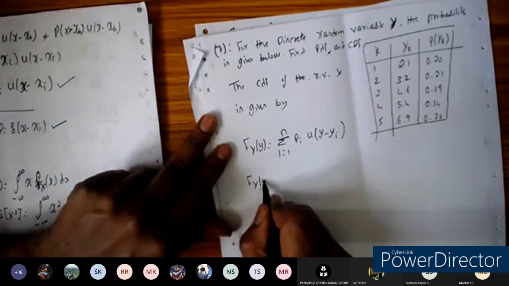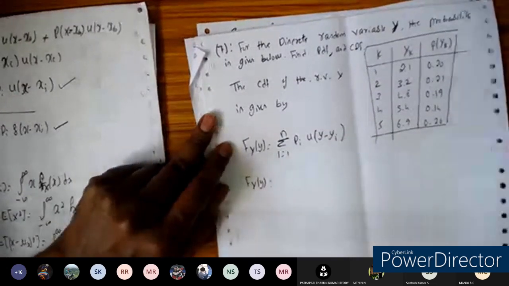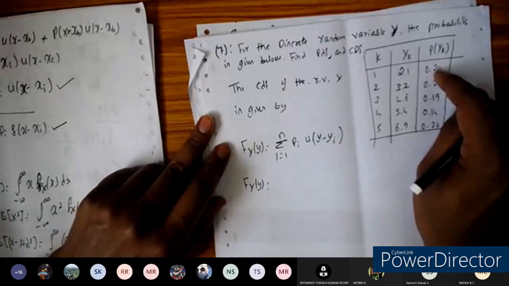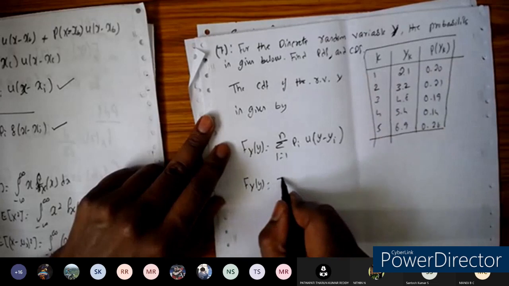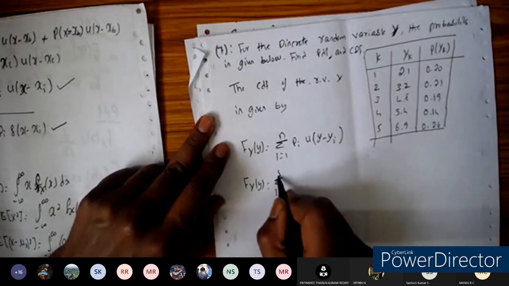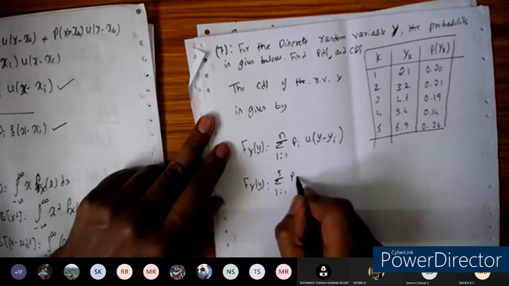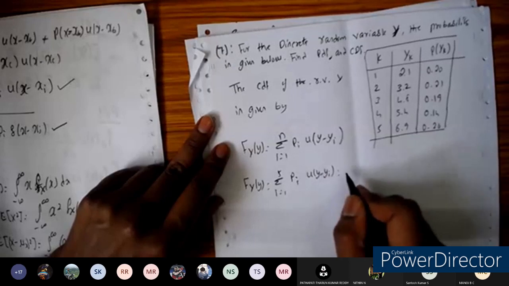Now expand the summation, i equals 1 to 5, p_i times u of (y minus y_i).